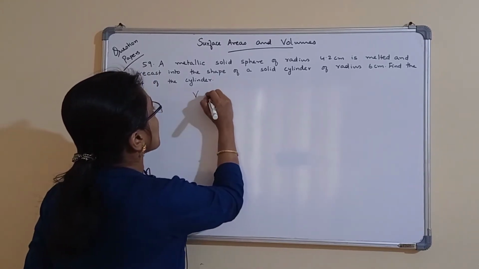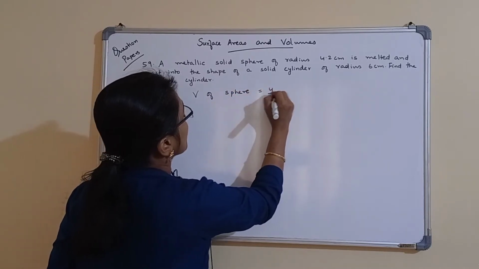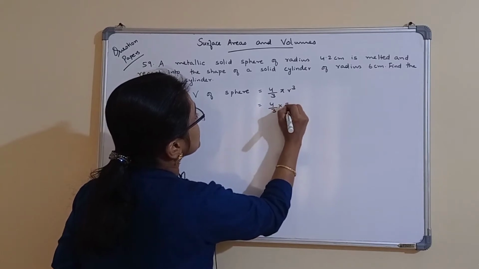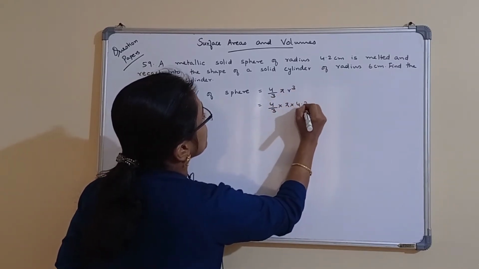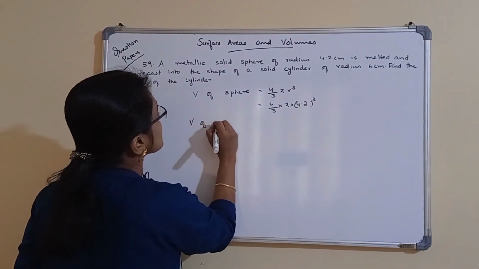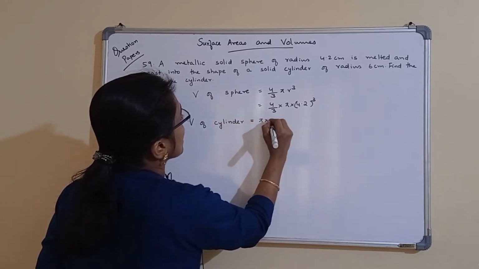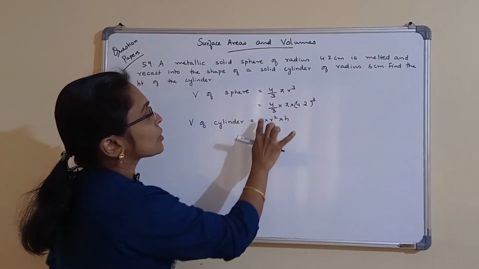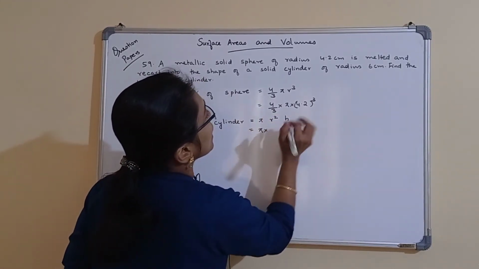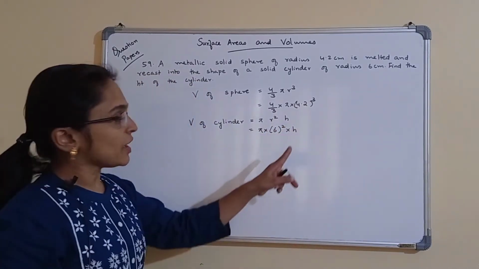So what is the volume of a sphere? It is 4 by 3 pi r cube, which is 4 by 3 pi into 4.2 the whole cube. Now the volume of a cylinder is pi r square h, which is pi into 6 square into h, and we have to find this h.